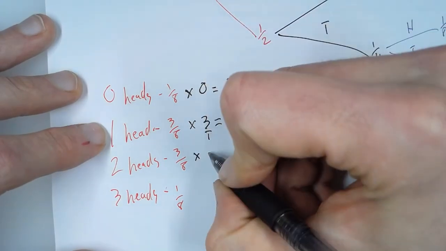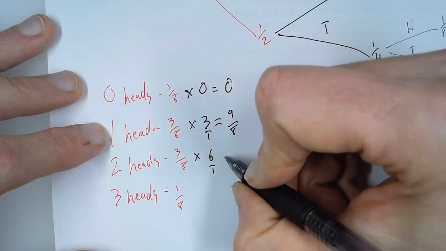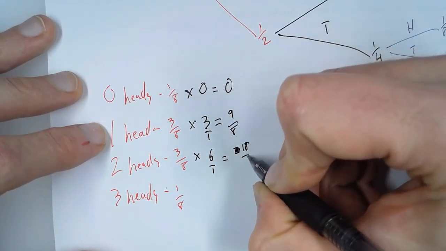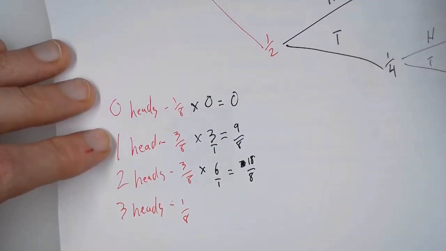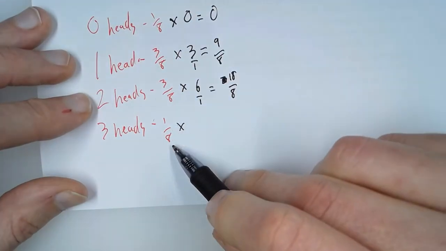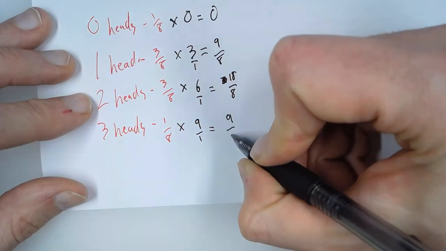So you're going to get 6 points. So when we multiply 3/8 times 6/1, that's 18/8. Now, I could reduce 18 over 8, but I'm not, and you're going to see why in a second. And then finally, 1/8 times 9, or 9 over 1, so that's 9/8.